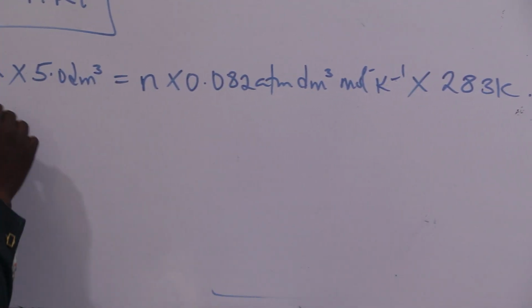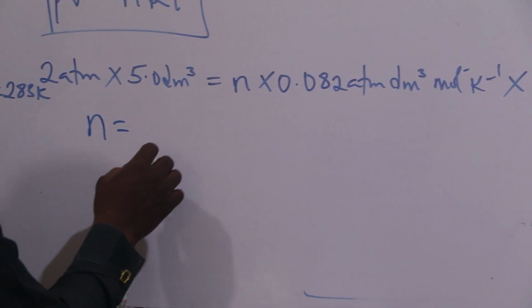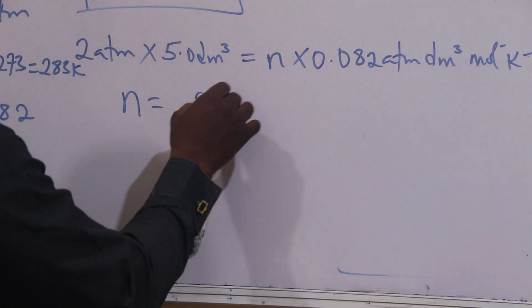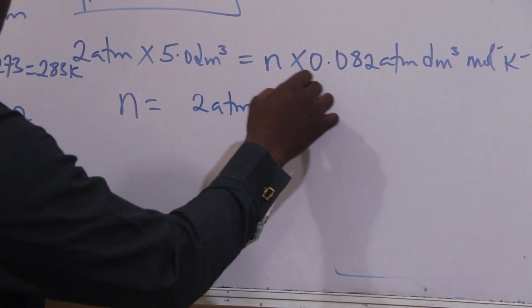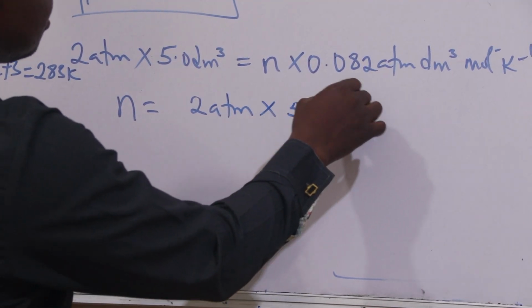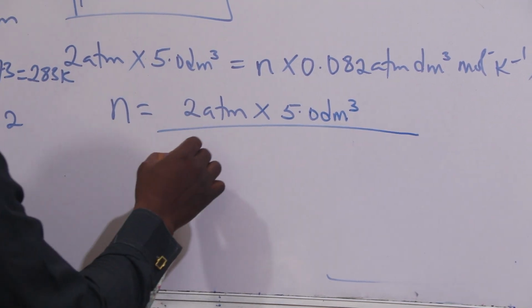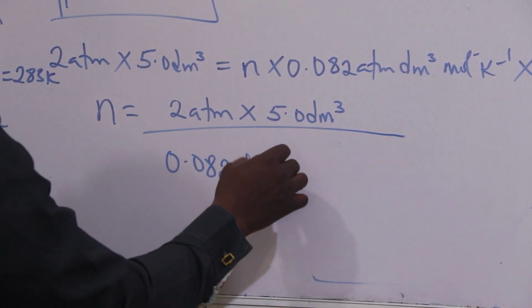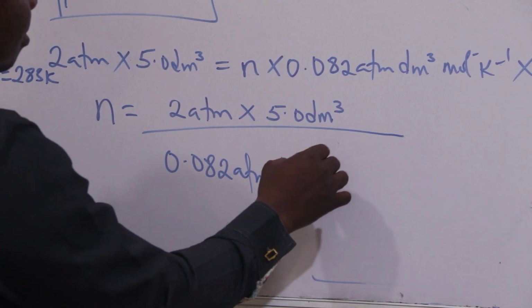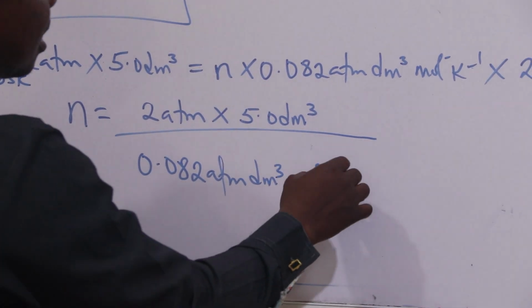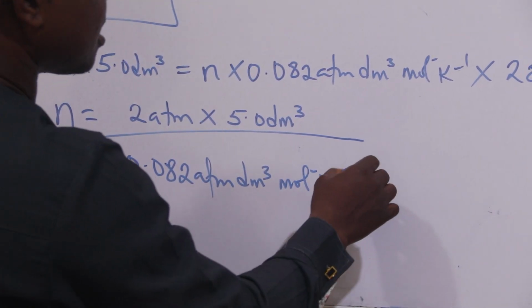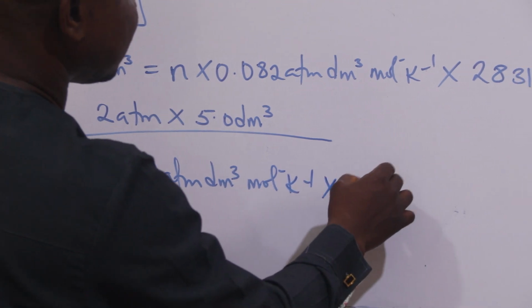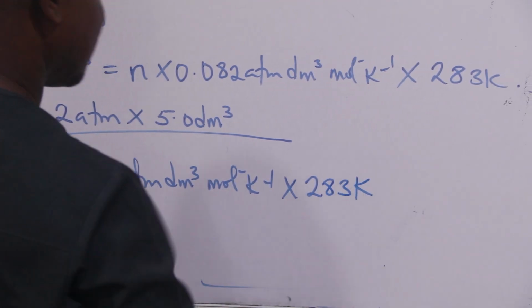So let's do the mathematics. n equals 2 atm multiplied by 5.0 dm³, over 0.082 atm dm³ per mole per Kelvin, multiplied by 283 Kelvin.